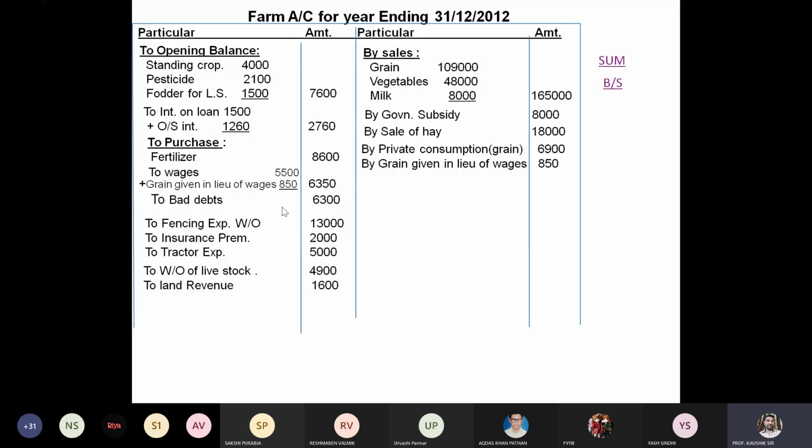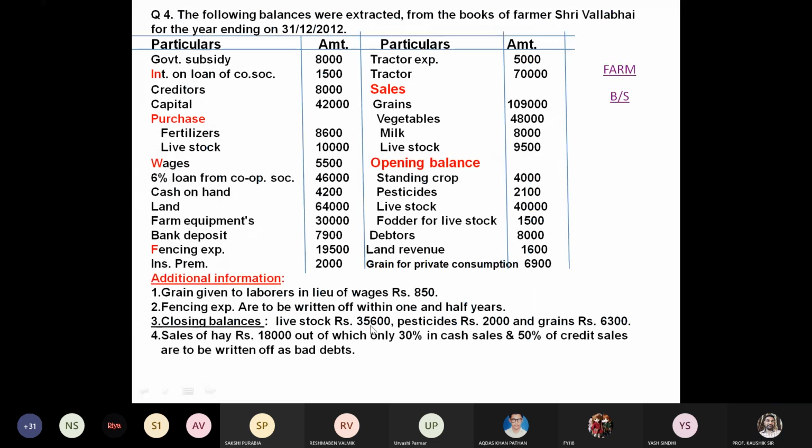Go to the sum again. Point number three, closing balance we have to write. Livestock 35,600. It is written. Closing balance for the pesticide and grain. Okay. Credit side of the farm account and as an asset.